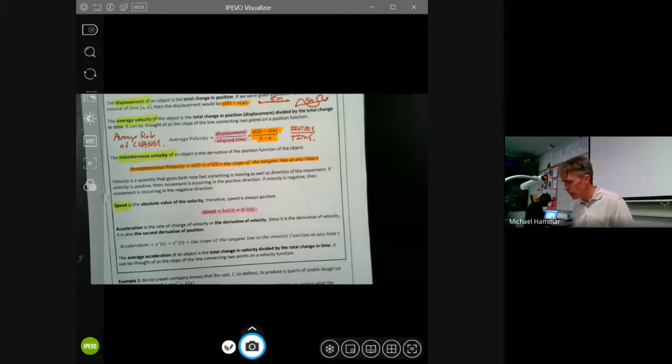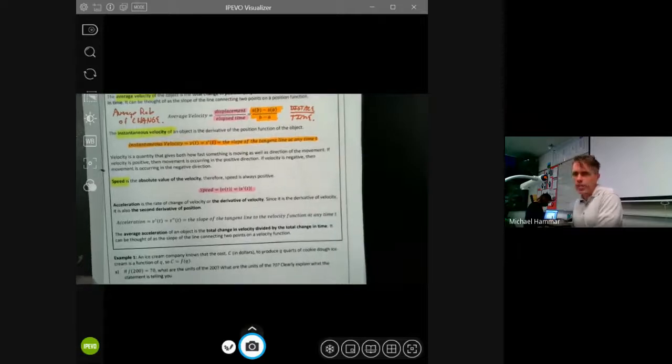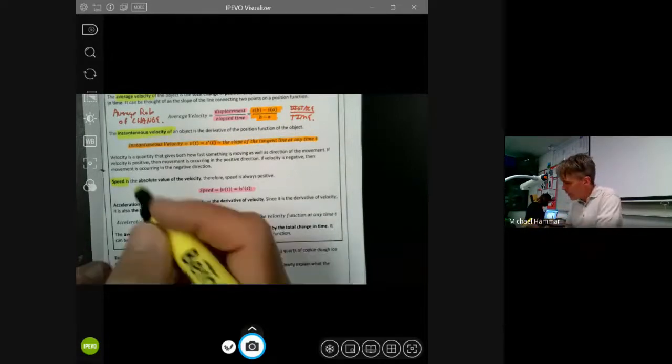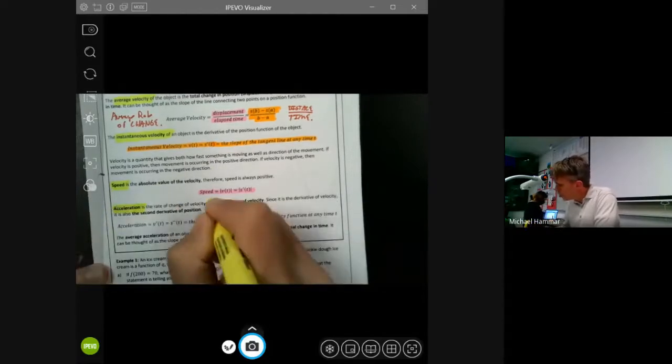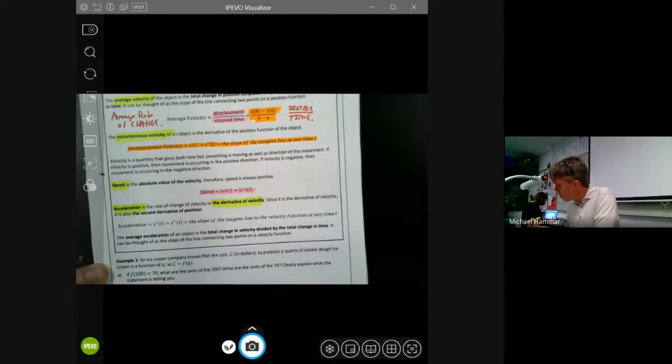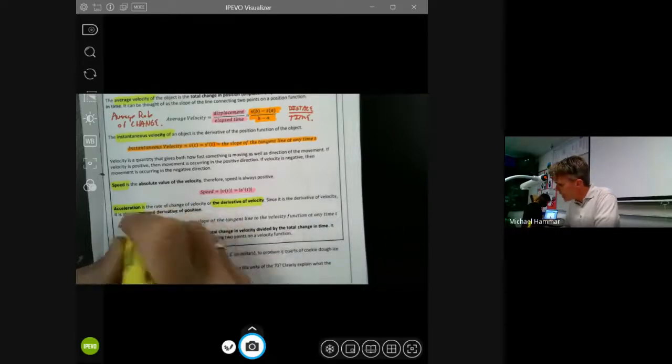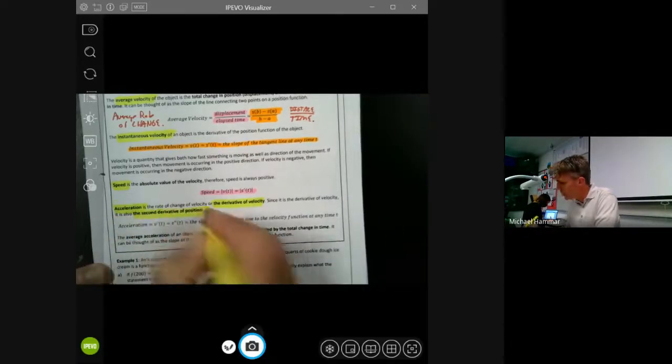Now, we also talked a little bit in class about this idea of a second derivative. That is what acceleration is. Acceleration is the derivative of velocity, or the second derivative of position.